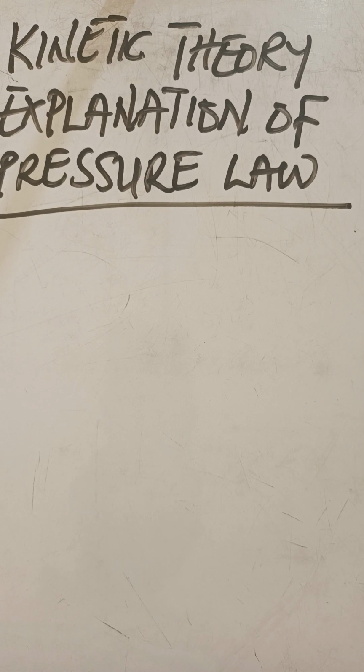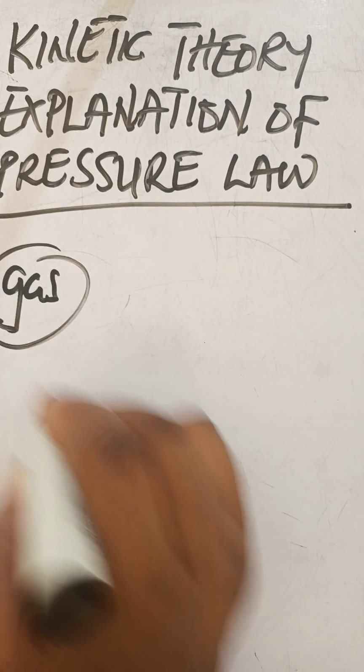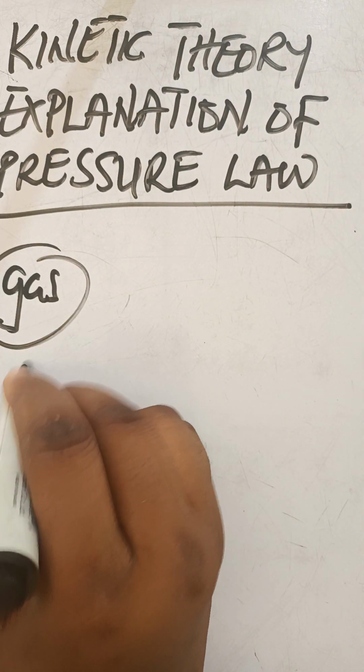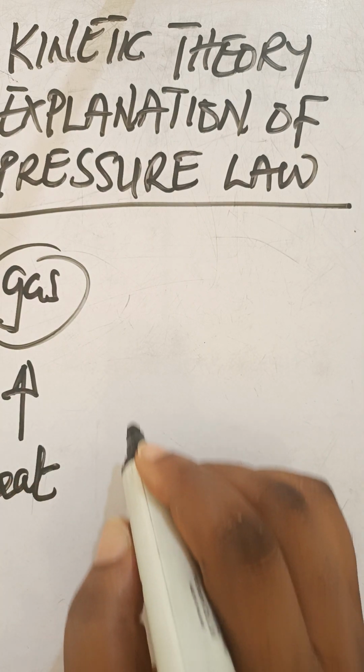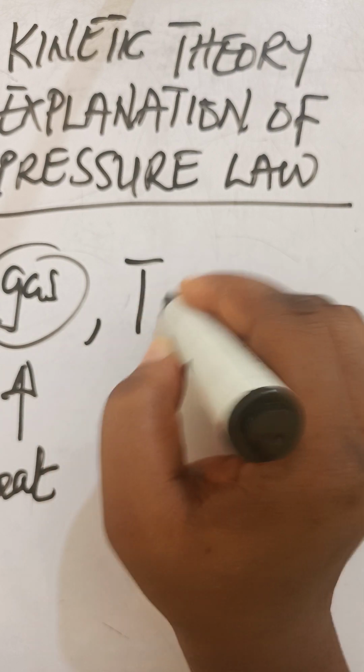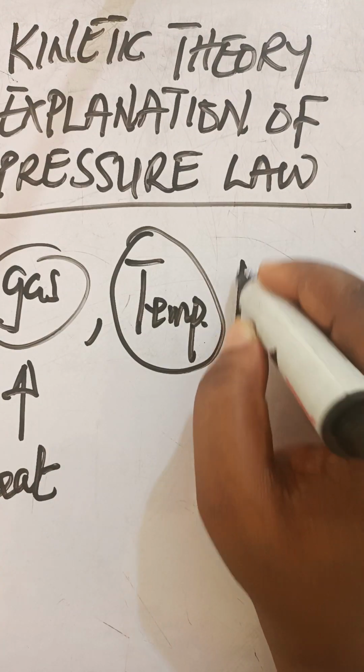What it means simply is that when the temperature of a confined gas is increased, that is, the gas is introduced to heat, the temperature of the molecules will increase.